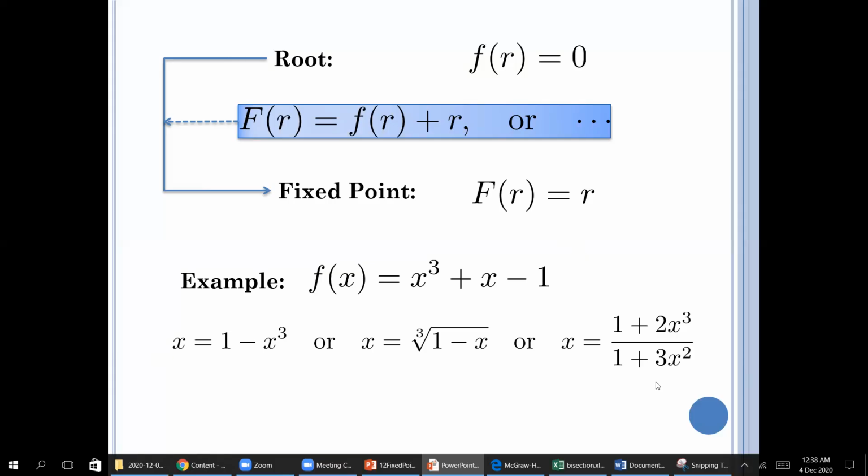After rewriting our equation to this derivative, we're going to guess a value of x. It's up to you what initial value of x you want to use, and substitute it into our equation.